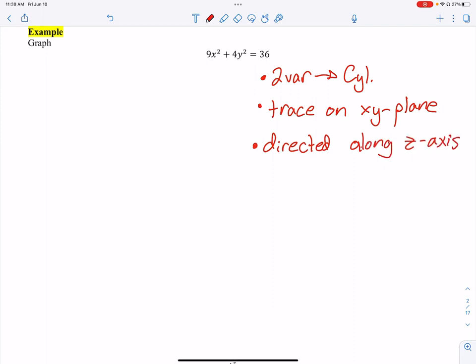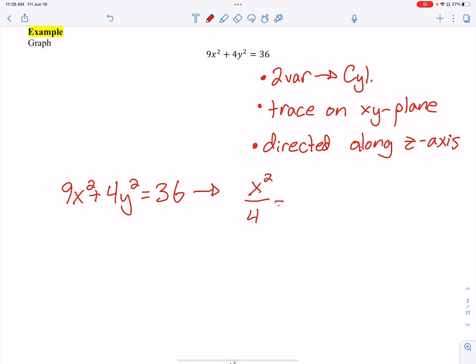All right, so the first thing I'm going to do, this is the conic section part. I need to graph this, but that's not in a form that I can recognize. So I'm going to divide everything by 36. I get x squared over 4 plus y squared over 9 equals 1.